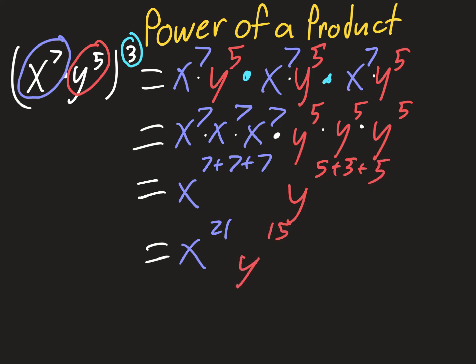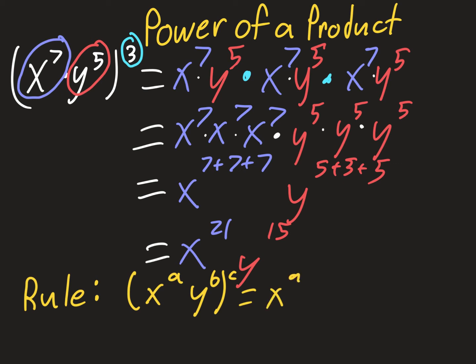Therefore, whenever we do a power of a product, we can do the power of the individual factors or exponents. This would be, in parentheses, x to the a, y to the b, all raised to the power c, gives us x to the a times c times y to the b times c.